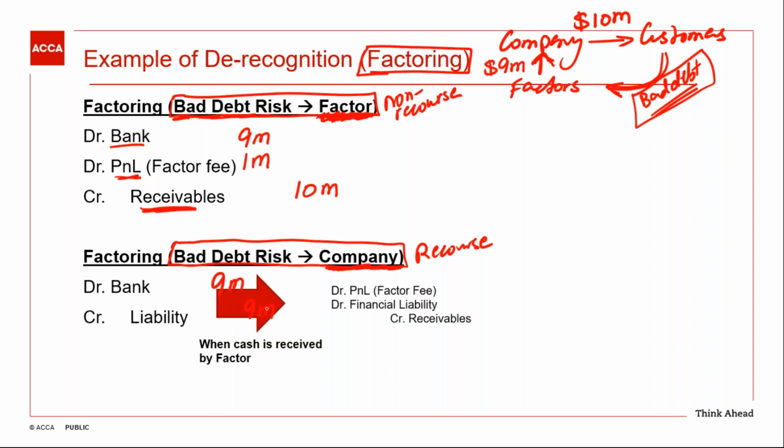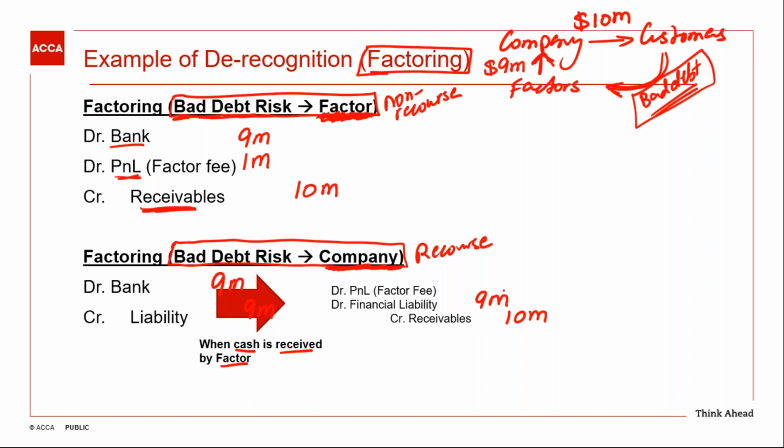Now, what will happen when the cash is received by the factor and the factor calls us that, hey, I have received the amount? At that point of time, we say that, okay, the amount has been received, so my receivables are no more, and similarly, my liability is also no more.